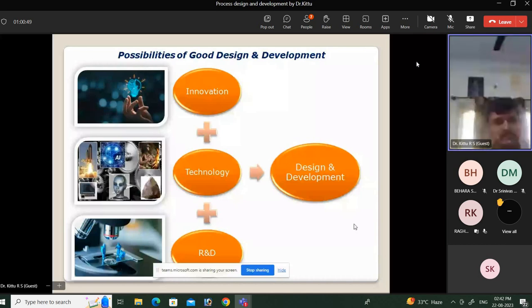So always, as engineering students or the teaching fraternity, try to focus on these three things and the possibilities to get a very good outcome in your designing and development of products.